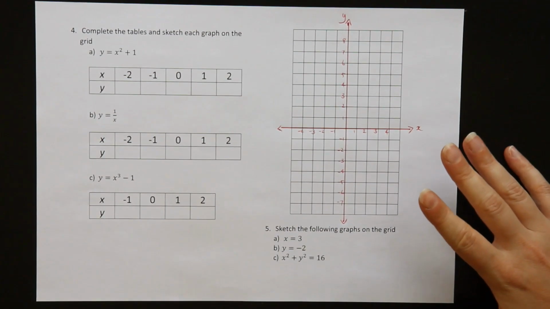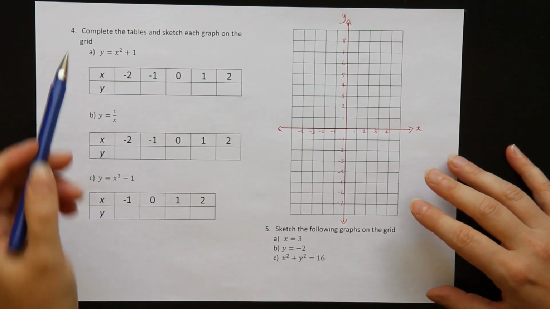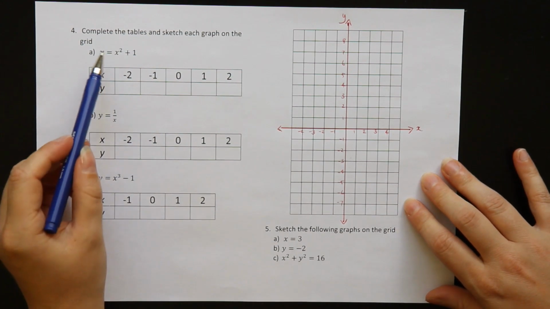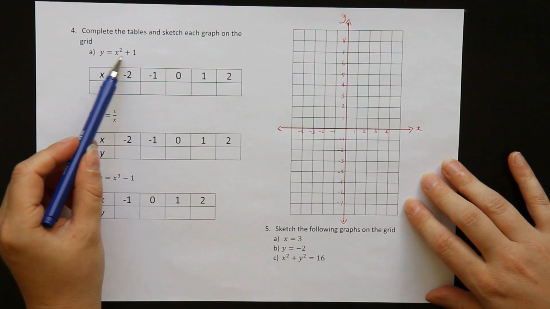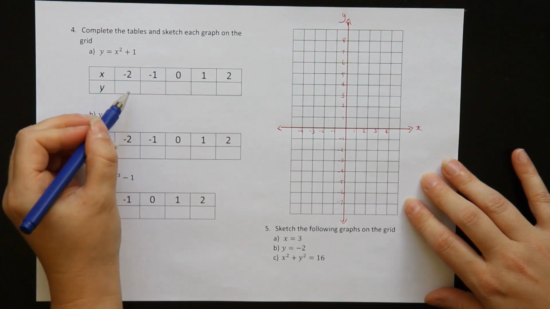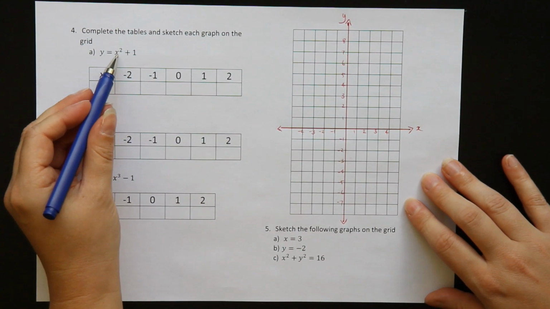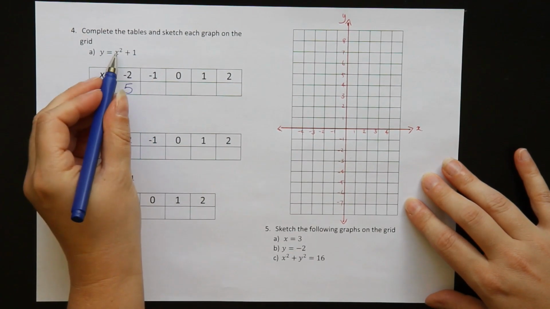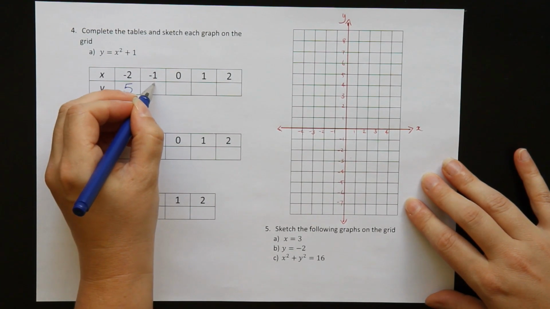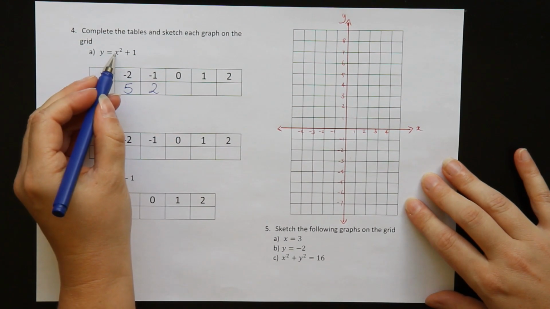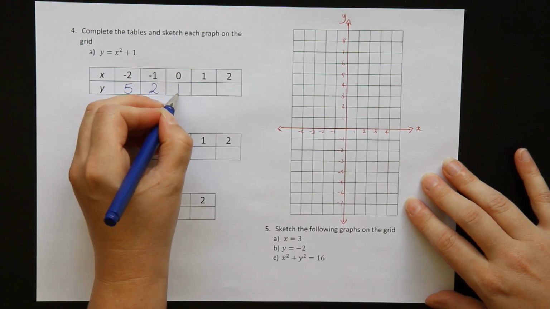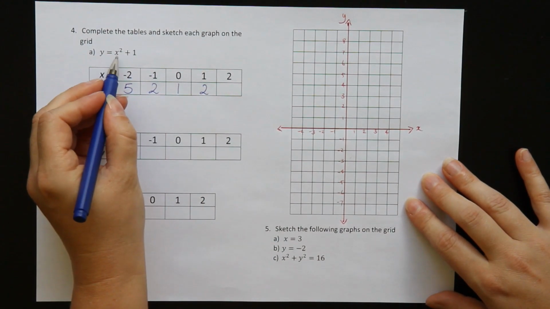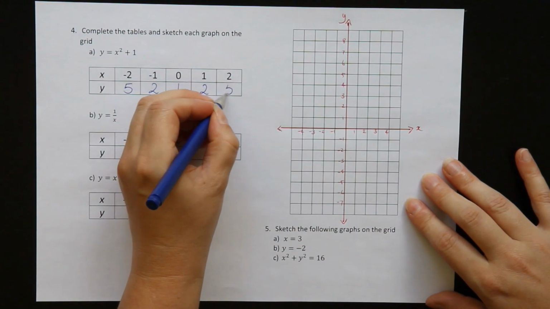On the next page, we have some more graphs to draw. It says complete the tables and sketch each graph on the grid. So y equals x squared plus 1, that's going to be a parabola. Let's sub in our values. Minus 2 squared is 4, plus 1 is 5. Minus 1 squared is 1, plus 1 is 2. 0 squared is 0, plus 1 is 1. 1 squared is 1, plus 1 is 2. 2 squared is 4, plus 1 is 5.